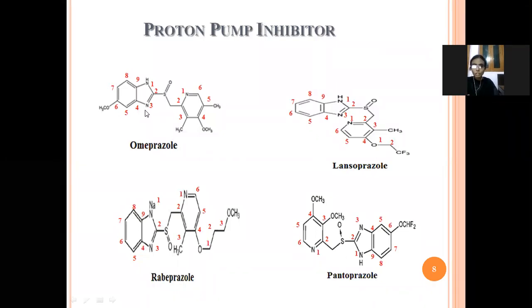So if you see the structure, this is the benzodiazole. Diazole means nitrogen atom. So two nitrogen atoms are there. So this is the diazole. So benzene and benzodiazole structure.